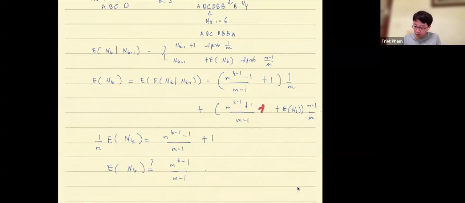So if we were to have a 1 here, then it will be like this. Let's see how we can compensate for it. Well, the way we can compensate for it is going to be something like minus (M minus 1) over M. Is that okay? So let's see if we can put this together.